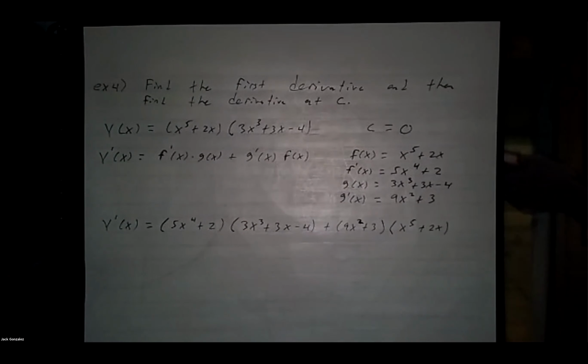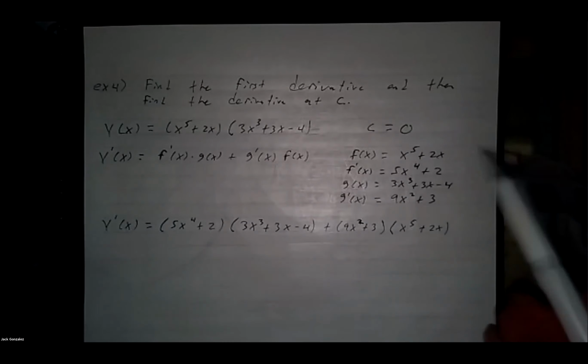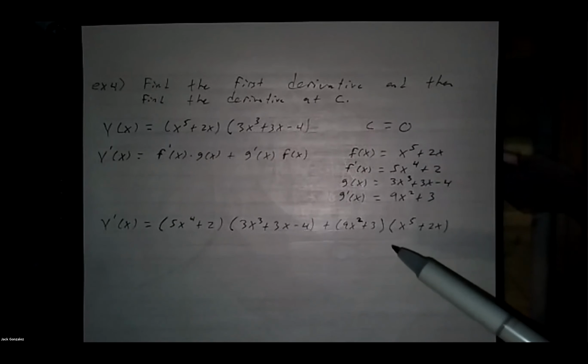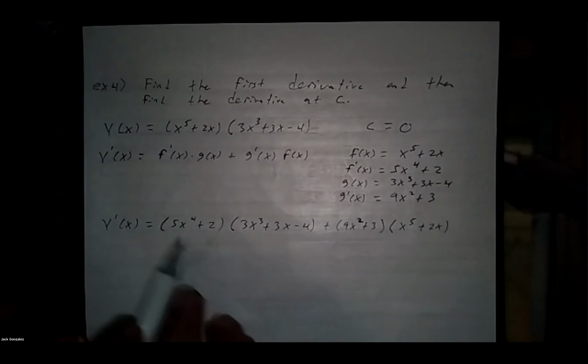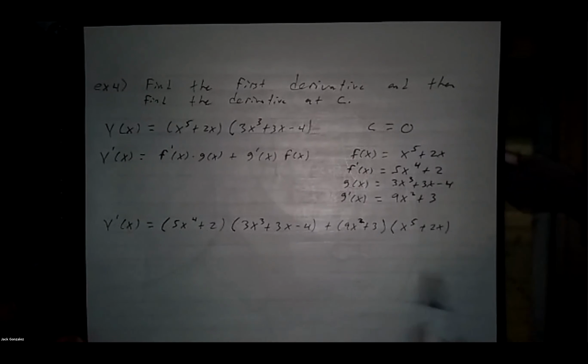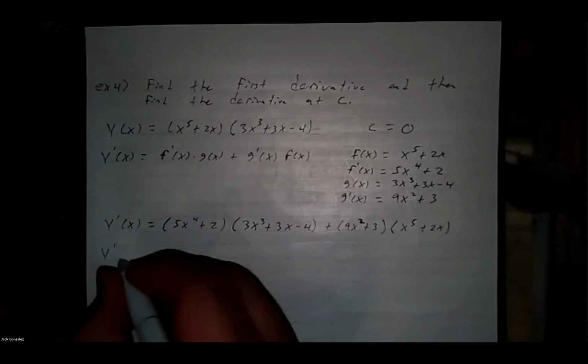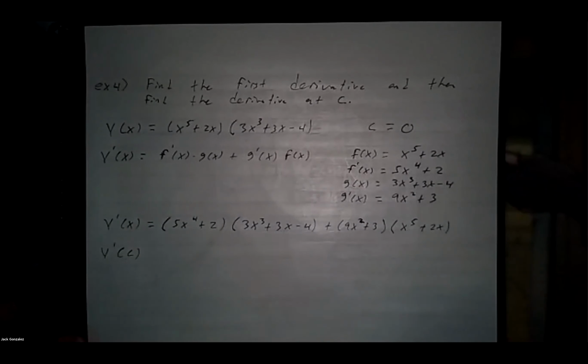So they will accept it just like that. You don't have to FOIL everything out. You could if you want, they will accept both. But I think when you see them asking for some C value, it's better to leave it this way. So now this is part A of the question. Part B would be, what is the derivative at C?